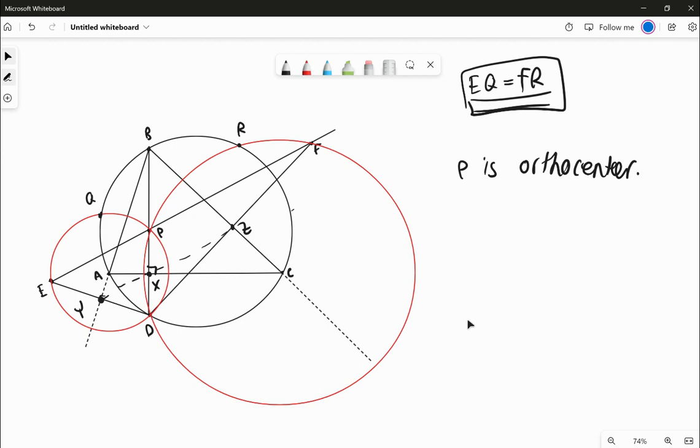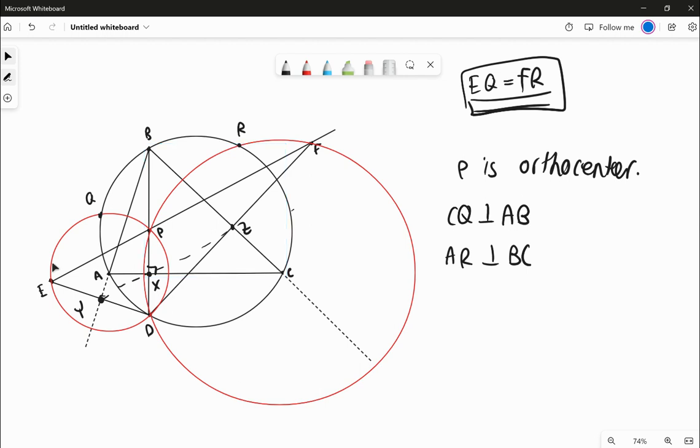So we end up discovering the miraculous fact that CQ is perpendicular to AB. And we similarly have that AR is perpendicular to BC. Pretty amazing, huh? Let's see what we can go ahead and do with this. Now we have that CQ is perpendicular to AB and AR is perpendicular to BC.